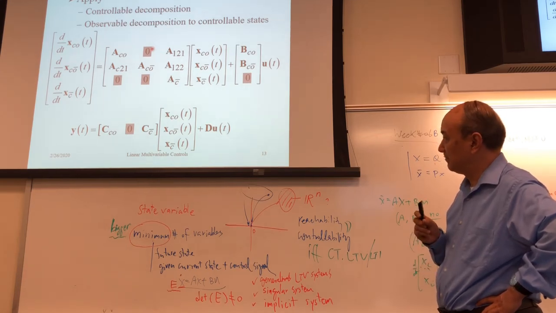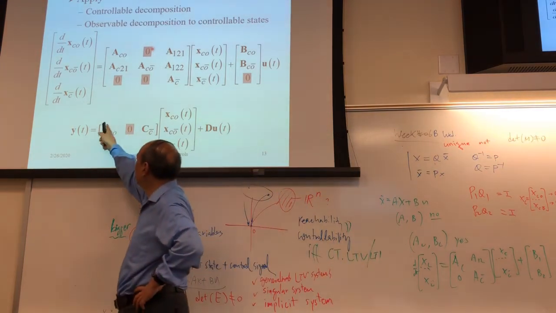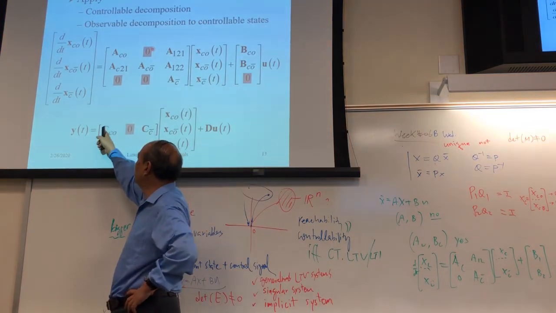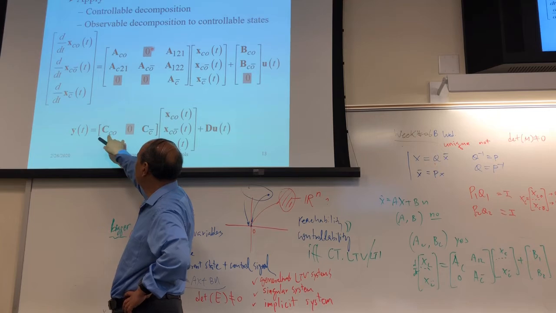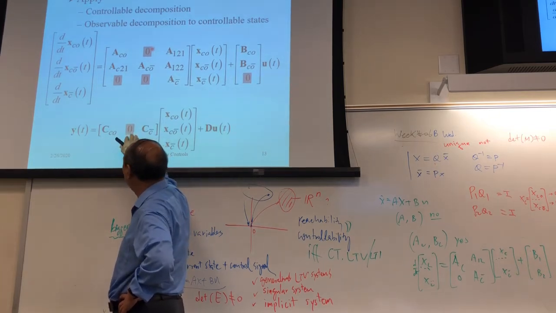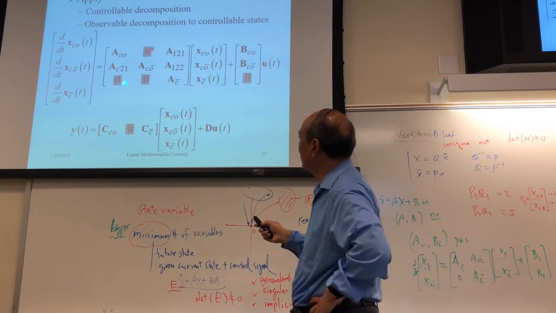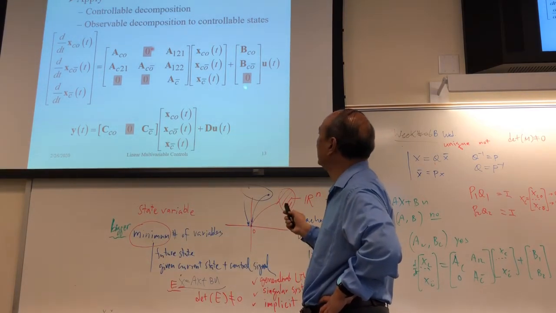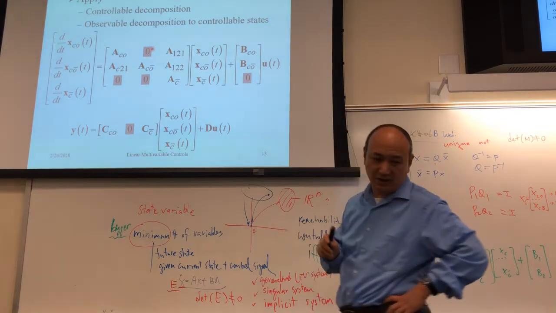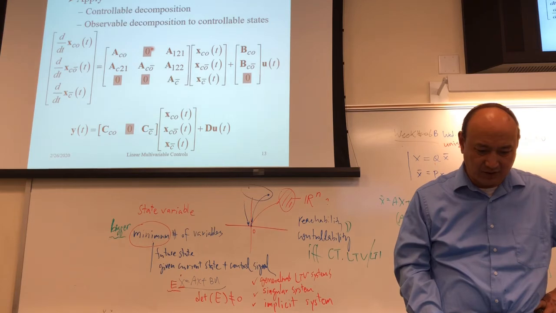It is very important to remember here: this was originally called CC, and we split it into two parts, CO and CO bar. The CO bar must be 0. You cannot change this, it has to be 0, otherwise it's not a canonical decomposition. So be careful.